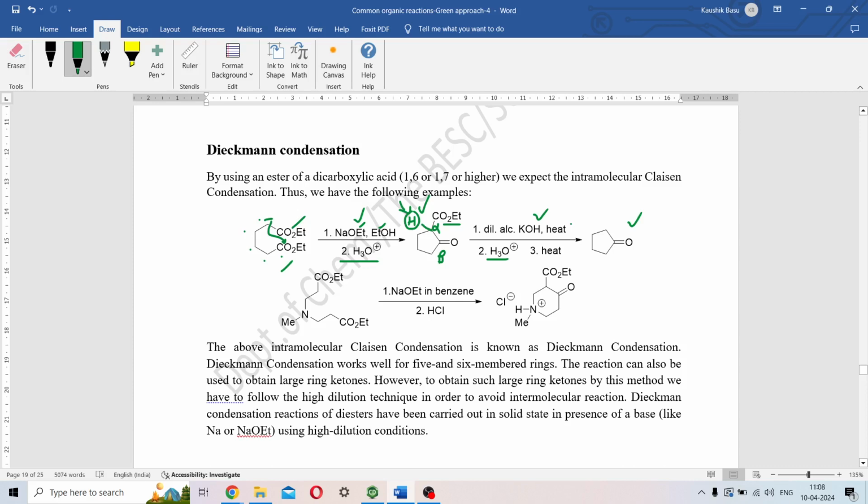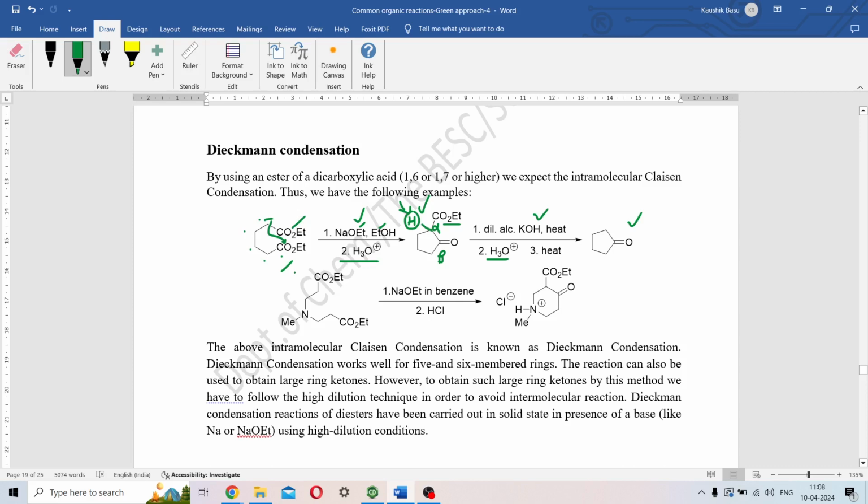For successfully carrying out the cyclization that leads to formation of large rings, we have discussed the high dilution principle, where the concentration of the reactant is so low that the entropically favorable, or I should say less unfavorable, intermolecular reactions are subsided.